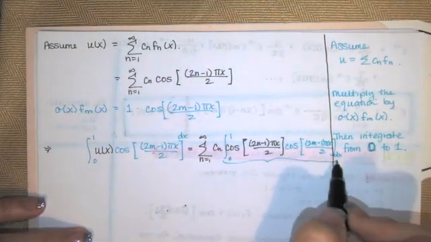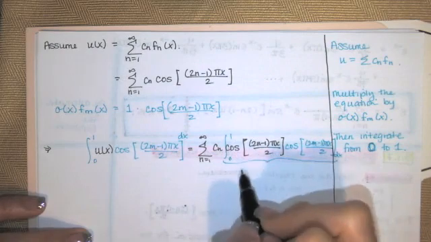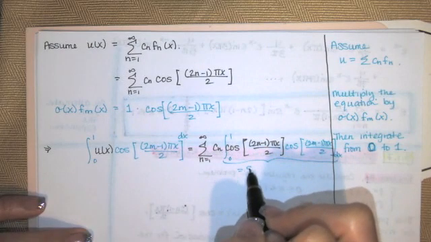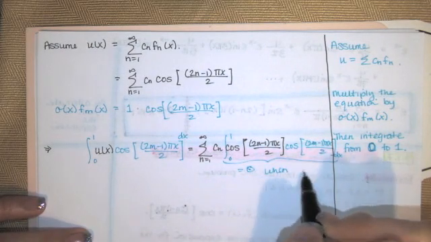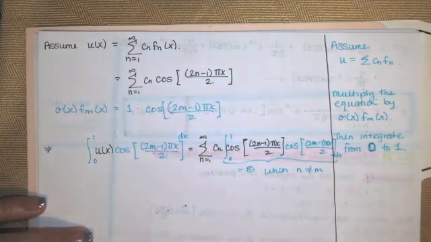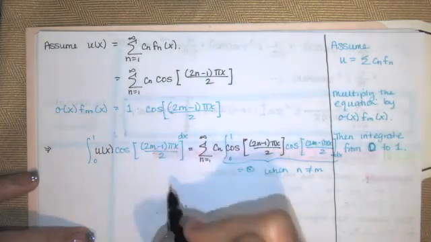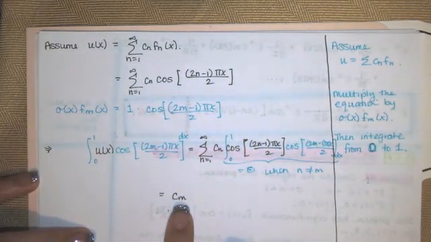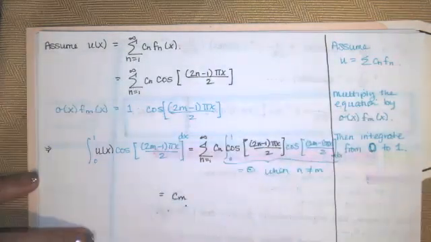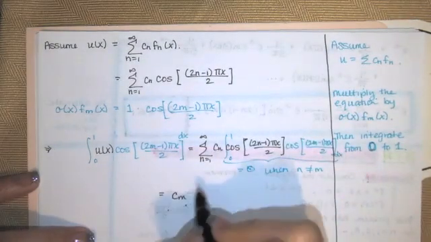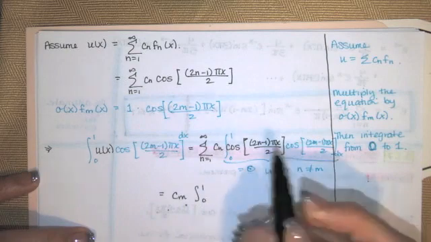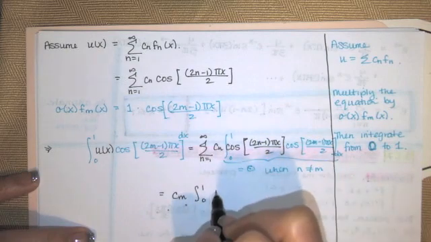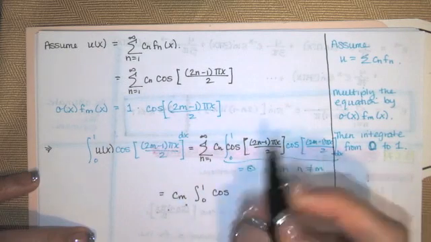Now this integral over here is 0 when n is not equal to m. And that allows us to simplify. So this is going to give us on the right c sub m. So there's only one coefficient that's left after all of the others have been multiplied by 0, times the integral from 0 to 1 of the product of two cosine functions, where the angle inside is identical.